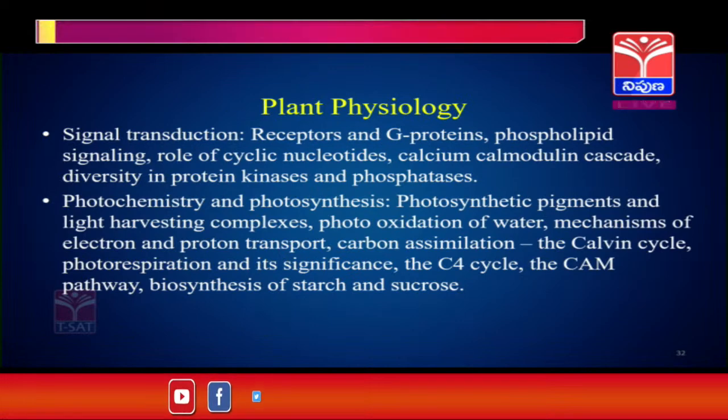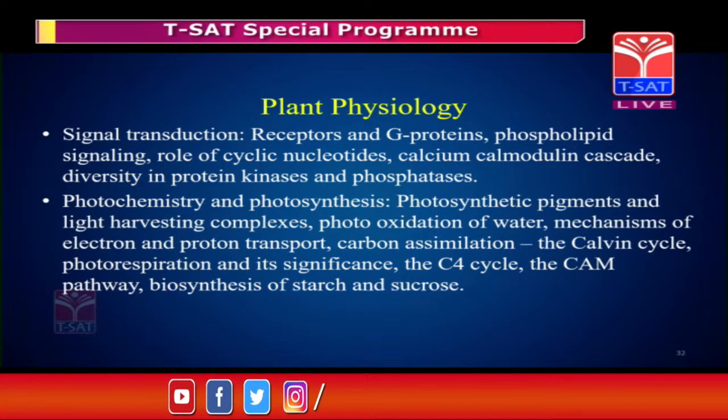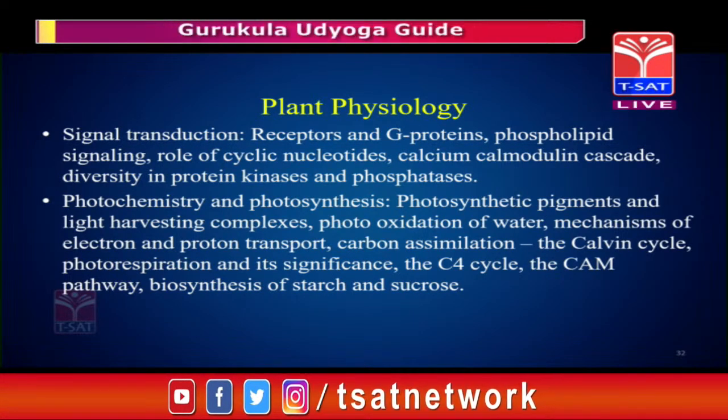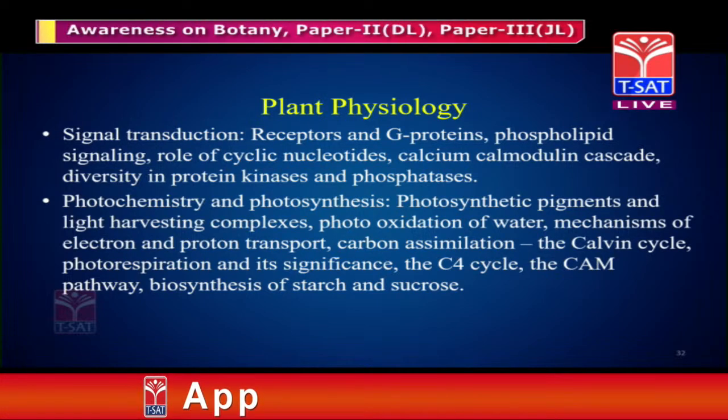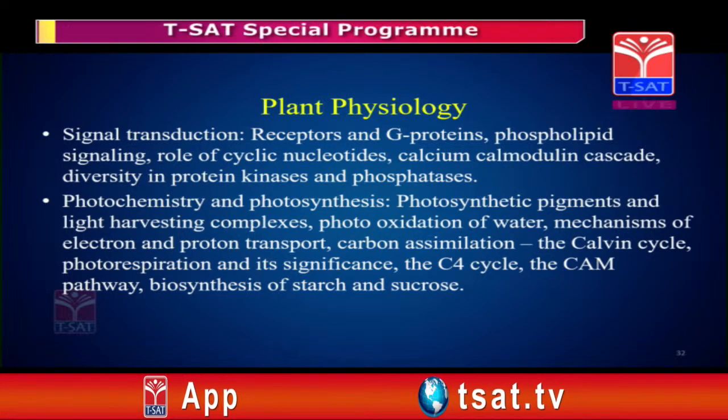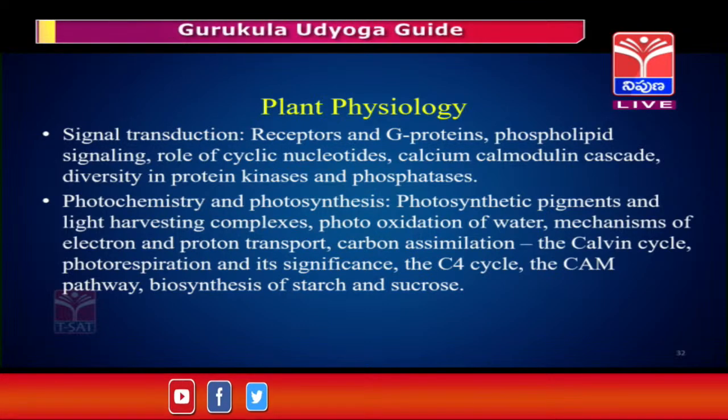Then signal transduction. This is added for DL aspirants. Signal transduction, receptors and G proteins, phospholipid signaling, role of cyclic nucleotides, calcium calmodulin cascade, diversity in protein kinases and phosphatases. This is added syllabus.